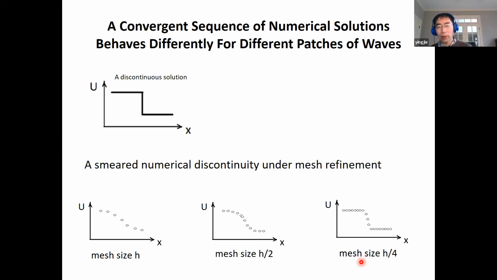And if you keep refining the mesh, let's say h/4, you will see the numerical solution begins to get steeper and steeper near the discontinuity. So this is a very typical behavior of a convergent sequence of numerical solutions. During the converging process, you will see the numerical solution getting steeper and steeper in approximation of a discontinuity.